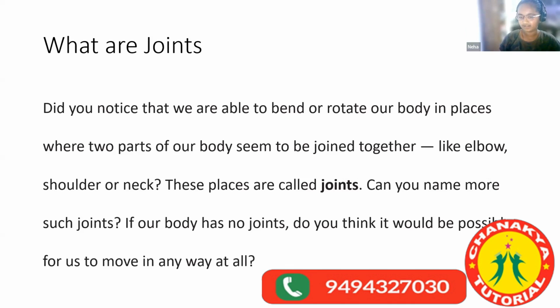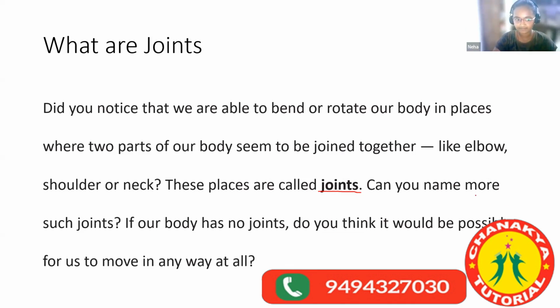You can move because these places are called joints. When two bones meet each other, that particular place is called a joint. You get it?